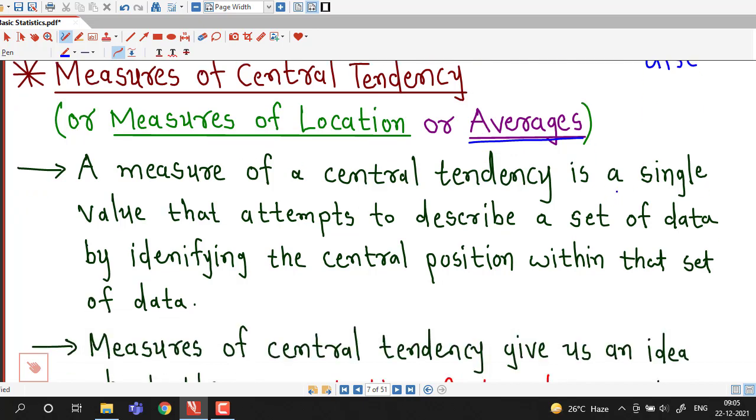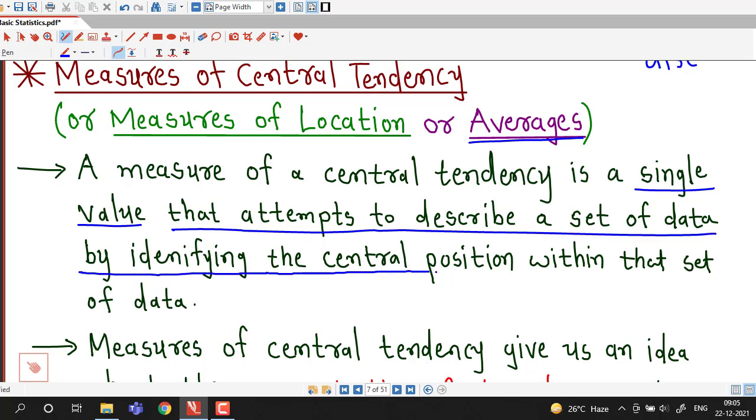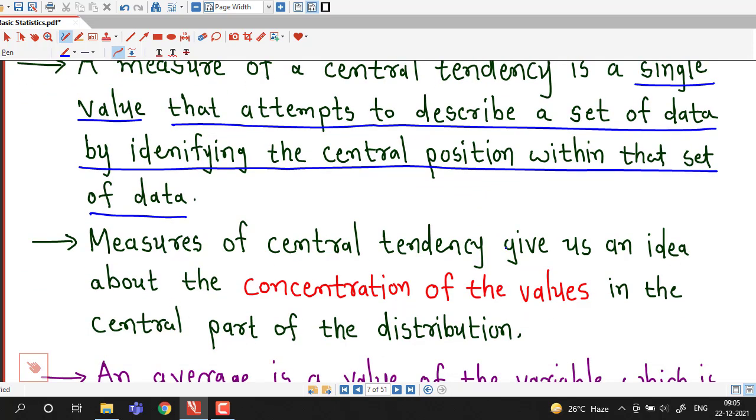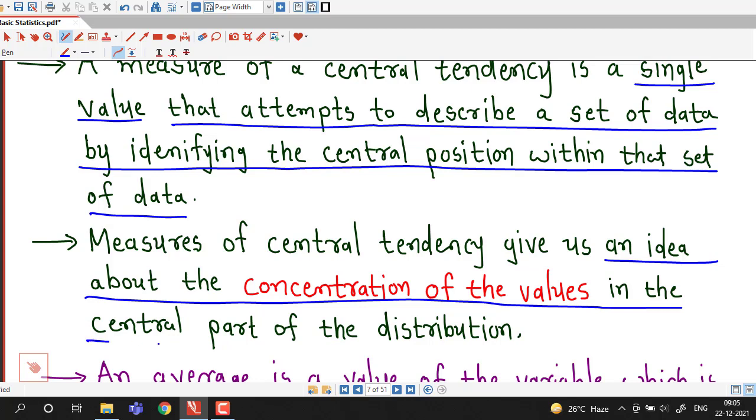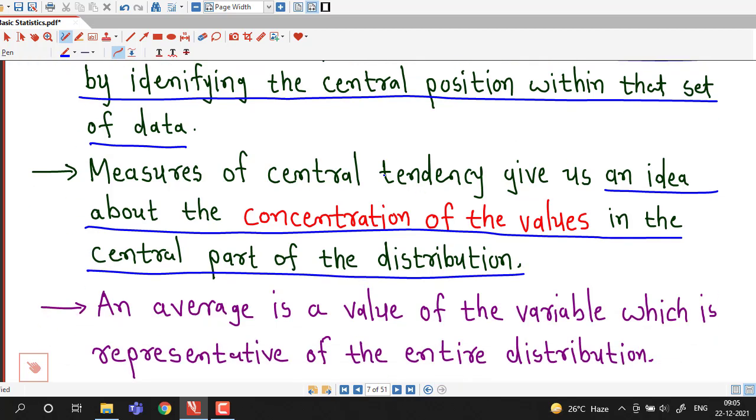A measure of central tendency is a single value, a single number, that attempts to describe a set of data by identifying the central position within that set of data. Measures of central tendency give us an idea about the concentration of the values in the central part of the distribution.